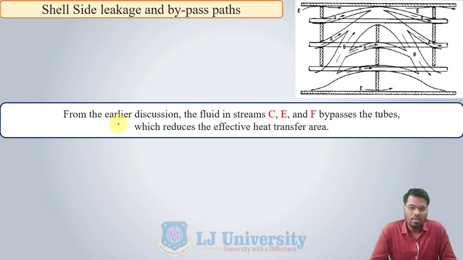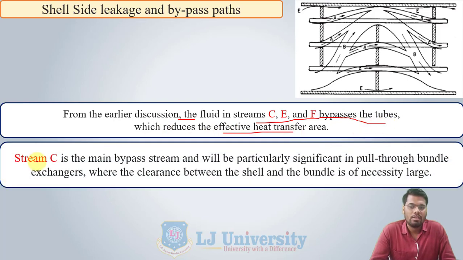Now, from this earlier discussion, the fluid streams C, E and F bypass the tubes, which reduces the effective heat transfer area. Stream C is the main bypass stream and will be particularly significant in pull-through bundle exchangers where the clearance between the shell and bundle is of necessity large.